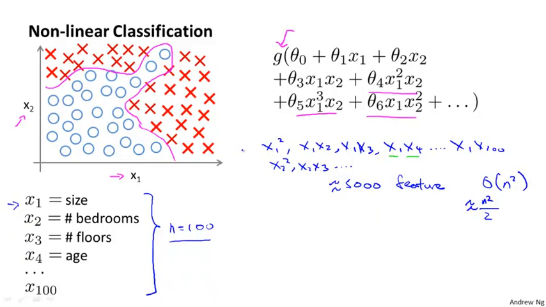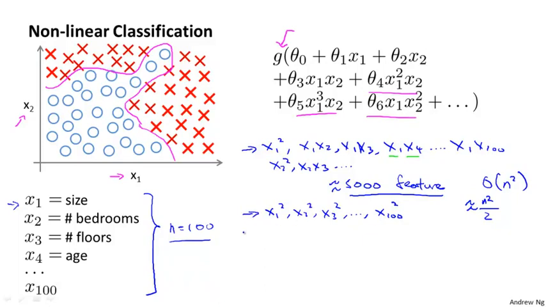So including all the quadratic features doesn't seem like maybe a good idea, because that's a lot of features and you might end up overfitting the training set, and it can also be computationally expensive to have to be working with that many features. One thing you could do is include only a subset of these. So if you include only the features x1 squared, x2 squared, x3 squared, up to maybe x100 squared, then the number of features is much smaller.